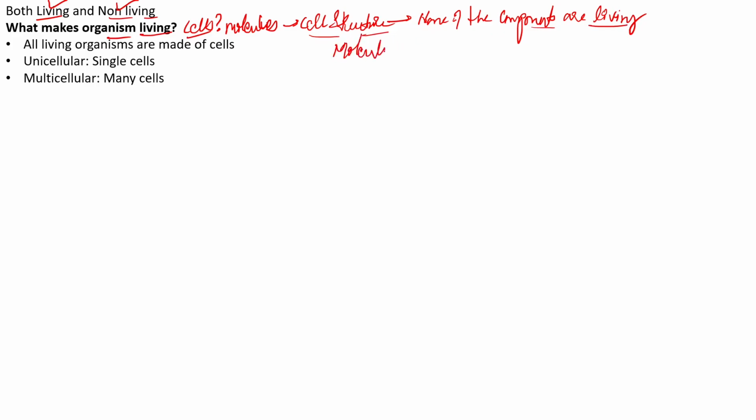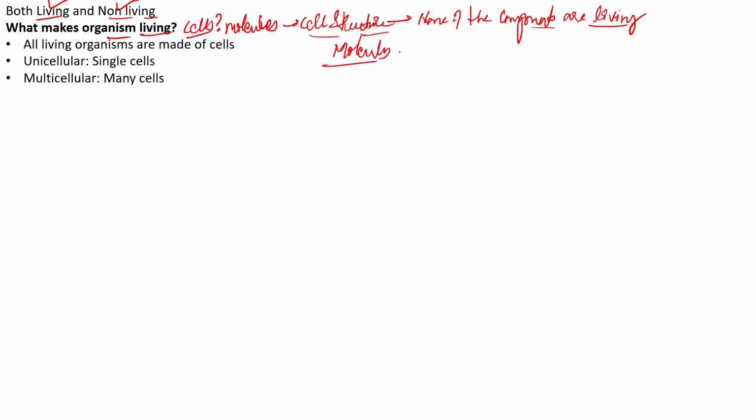See, if you look into the cell structure, inside the cell, none of the components are actually living, which means that no component inside the cell is actually living. All of them are actually biomolecules. They are basically molecules only, right?